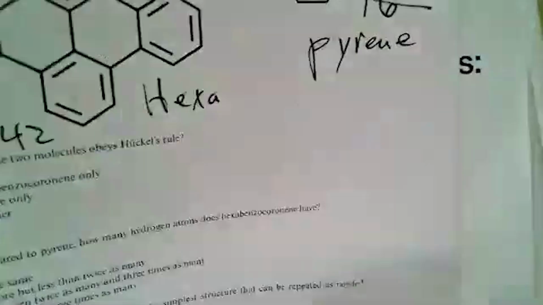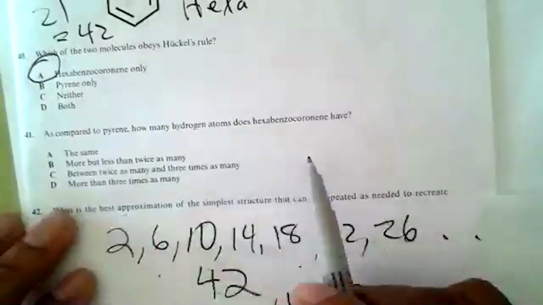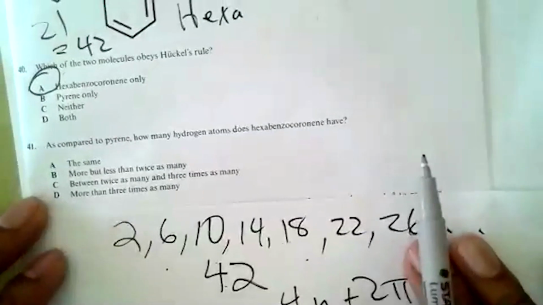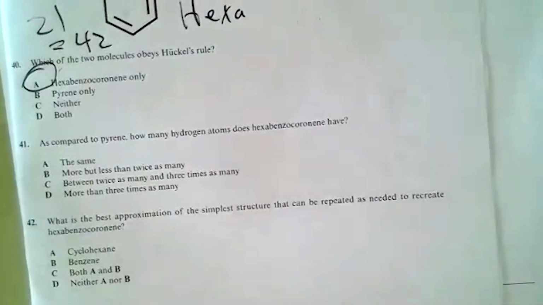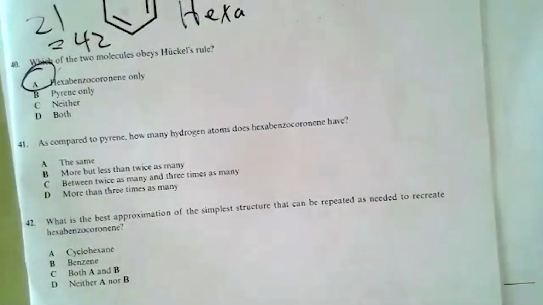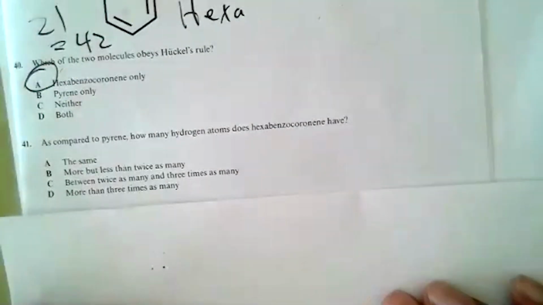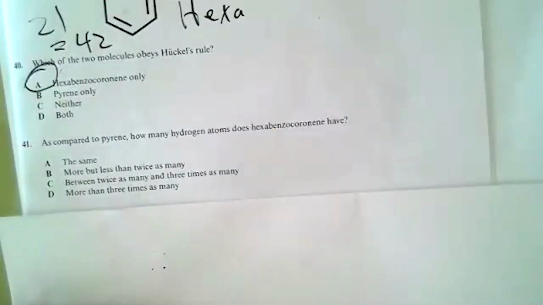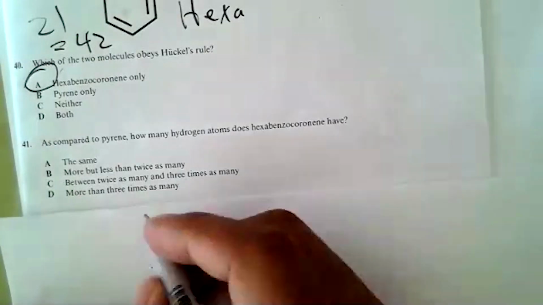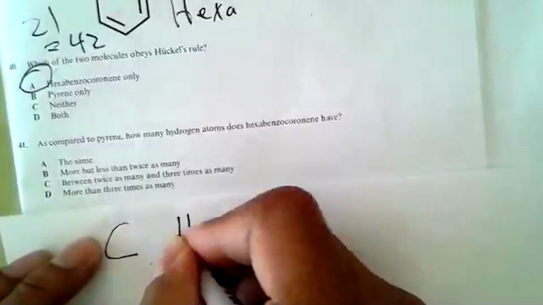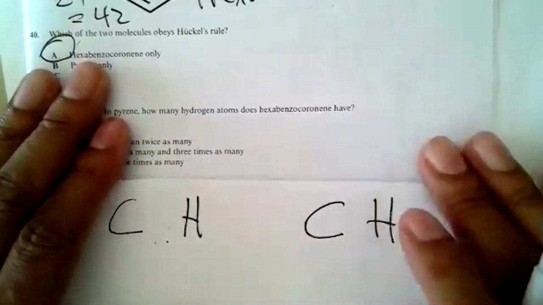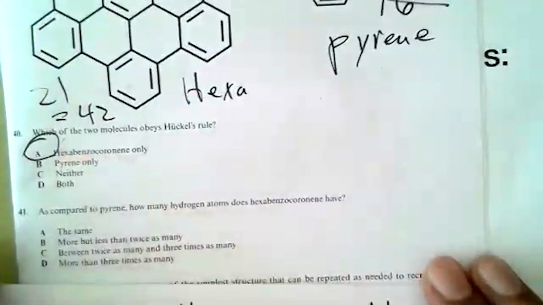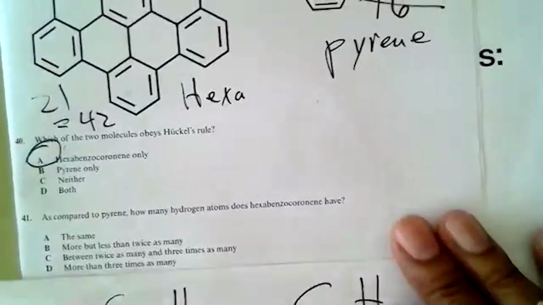Okay, next, as compared to pyrene, how many hydrogen atoms does hexabenzocoronene have? Okay, so A, B, C, or D. What did you guys get for that? So these are clearly hydrocarbons. Okay, so we have some C, some B. All right, so that looks quite good.